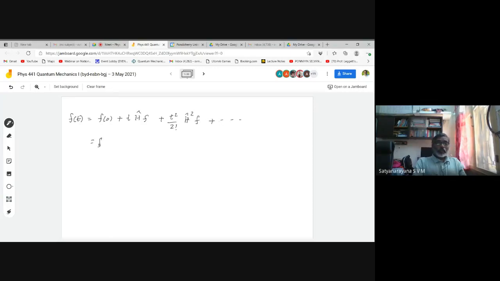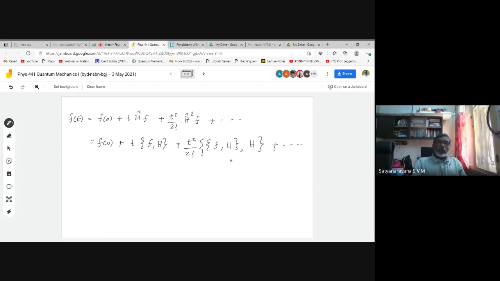So that is equal to f of 0 plus t times the Poisson bracket of f with h, that is the action of h acting on f, plus t square by factorial 2 times Poisson bracket of f, h, and its Poisson bracket with h, and so on.